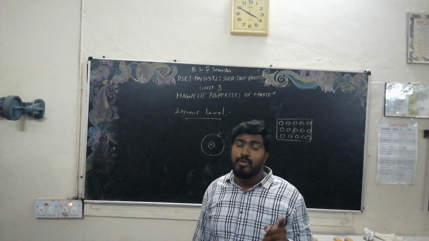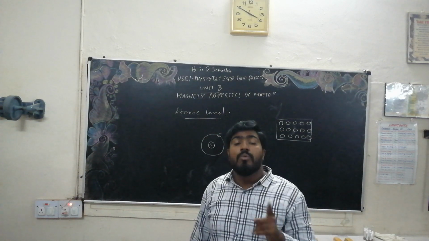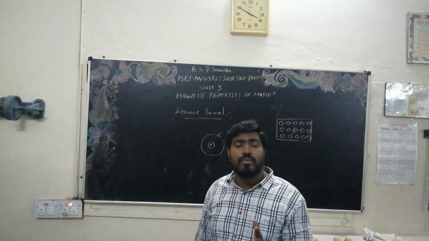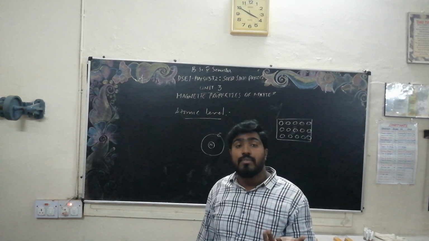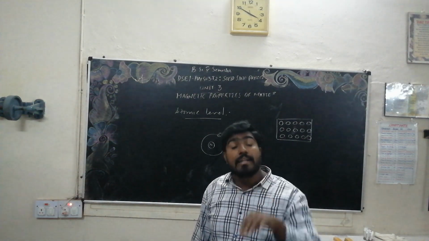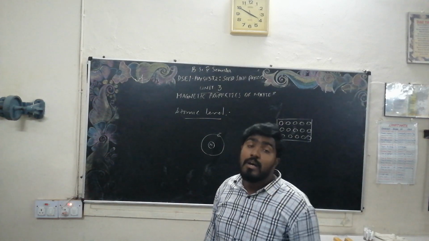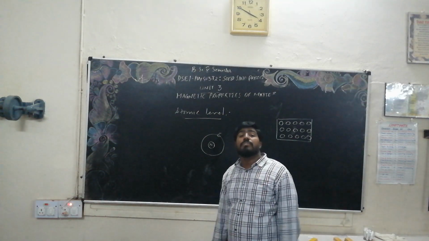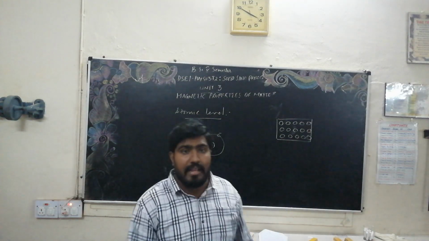It is positive because the nucleus consists of proton and neutron. What is the charge of the proton? That is positive. What is the charge of the neutron? That is neutral, zero charge. Therefore, it remains positive. So if anybody asks what is the net charge of the nucleus, it is always positive. And what is the charge of the electron? That is negative.